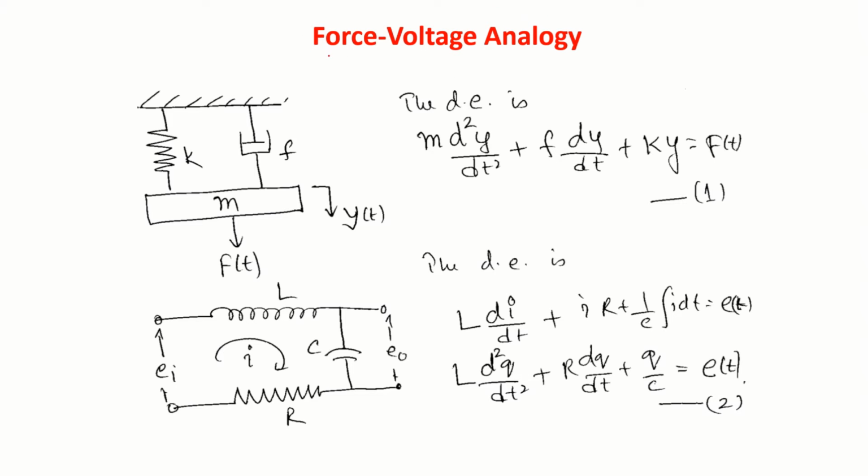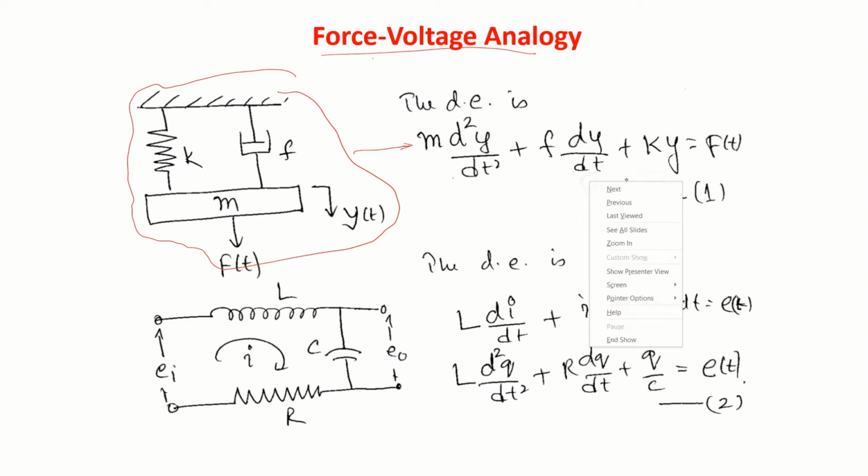Let us talk about force voltage analogy. What is it? Already we have studied and modeled this mechanical system. Its differential equation is m d square y by dt square plus f dy by dt plus ky is equal to f of t.